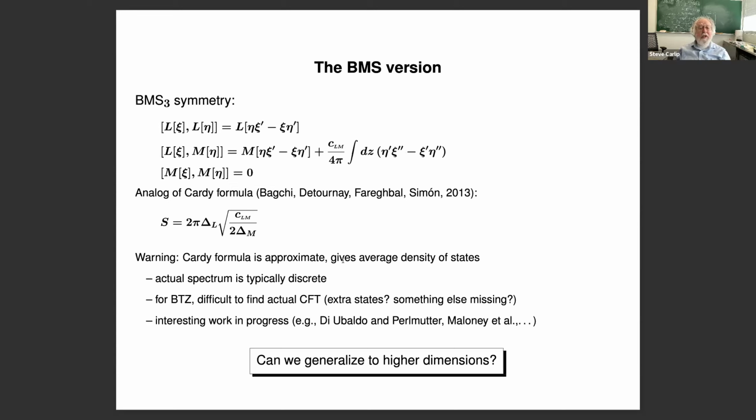If you look at the algebra, it's very similar to the Virasoro algebra, except that instead of L and L bar, the two generators now are L and M. And now there's a cross term in the commutators that has a possible central charge. You can actually obtain this algebra by starting with the Virasoro algebra, taking linear combinations of L and L bar, and then taking a limit.